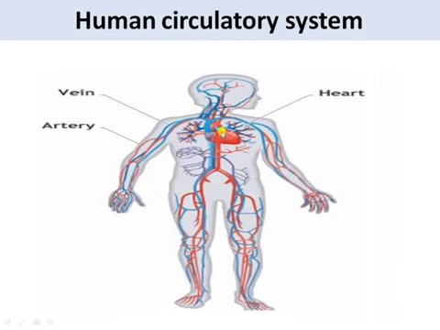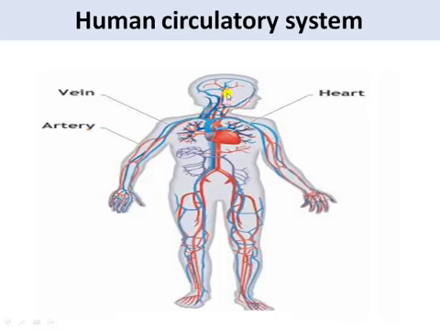Next is the human circulatory system. The transport system in humans is called the circulatory system. It is also called the blood circulatory system. Here the blood is the main circulating fluid. As you can see, there are several blood vessels, the arteries and veins, and this is your heart.